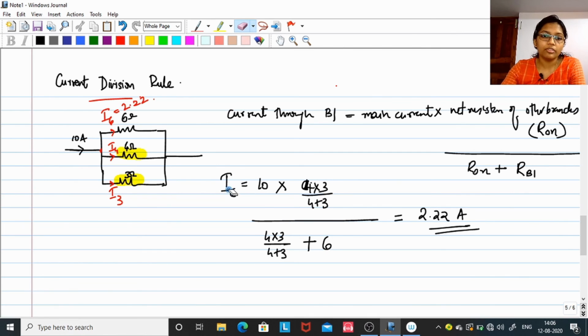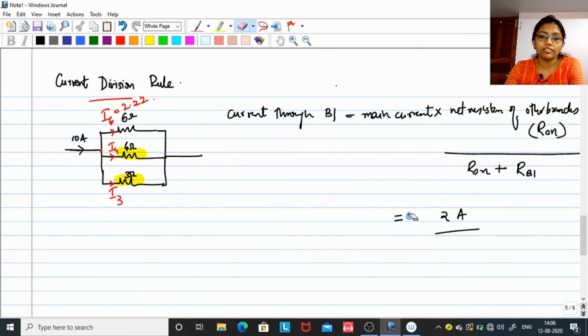Now for branch number 2, the branch having the 4 ohm resistor, I4 is equal to the main current, 10 amps, into the net resistance of the other branches.